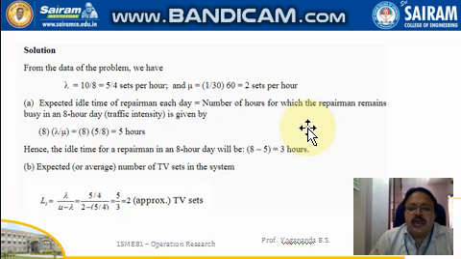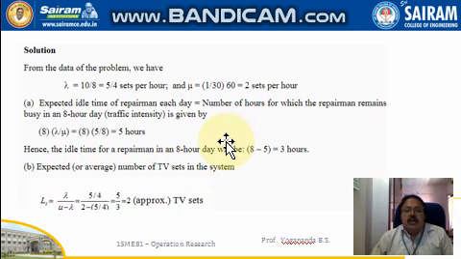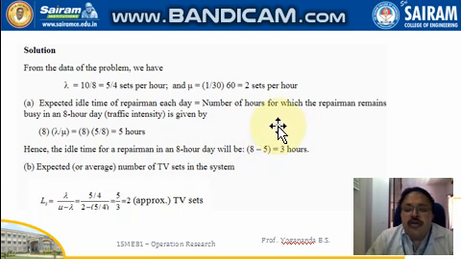So in 1 hour he is repairing two sets. So it is two sets per hour. Now the expected idle time of the repairman each day, that is, how much time the repairman sits idle. It is determined from the number of hours for which the repairman remains busy in an 8-hour day.